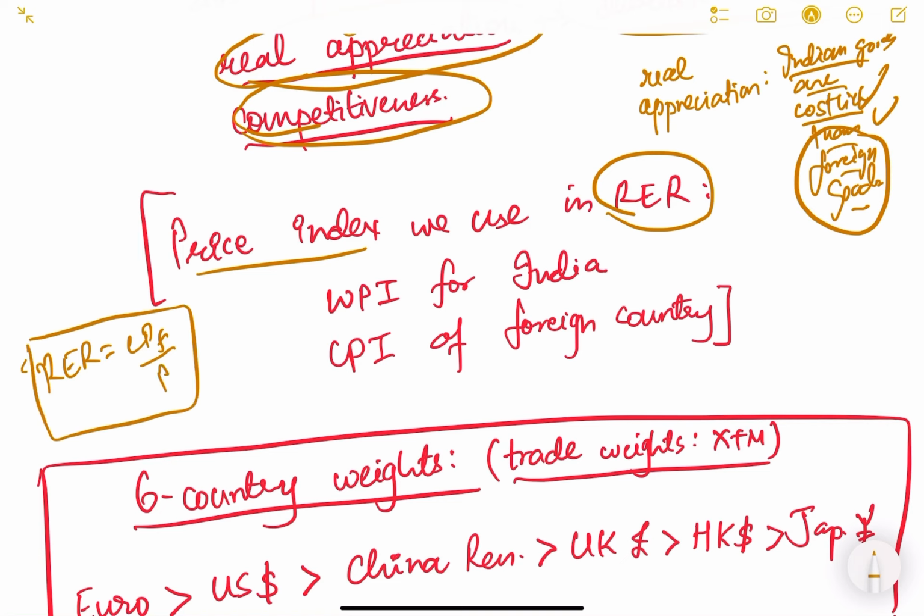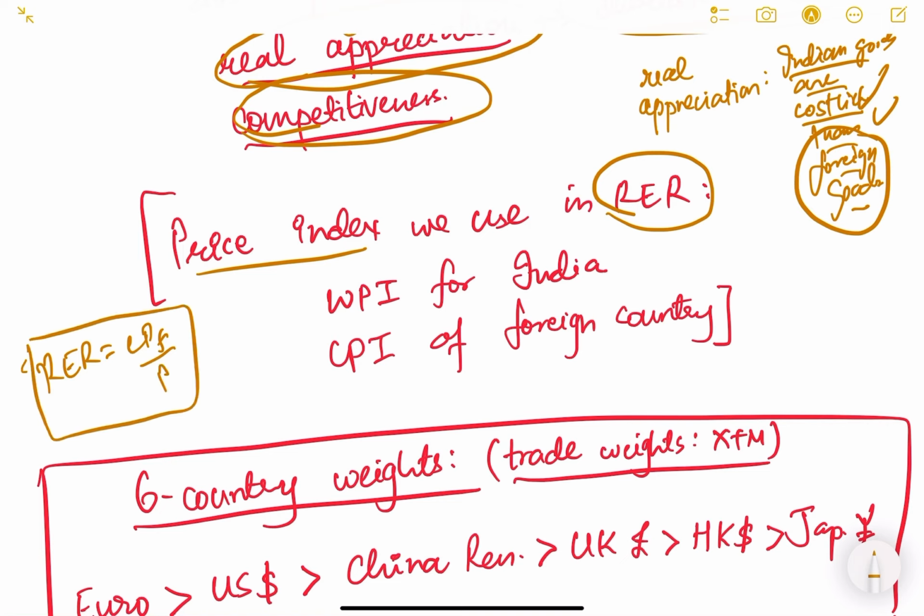Now as I have told you, we'll discuss the 6 country indexes. So basically for the RER and NER, we construct 2 indices. One is a 6 country, another one is a 40 country. Okay, for the 40 countries, we don't need to look at the names, but we can certainly look at the names of the 6 countries. So what are these 6 countries?